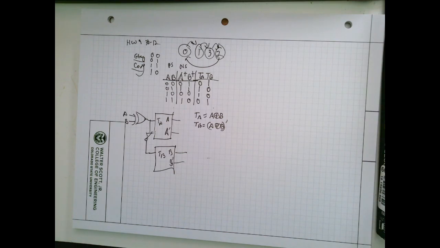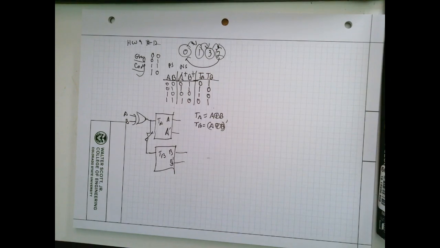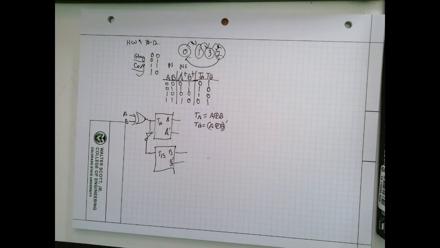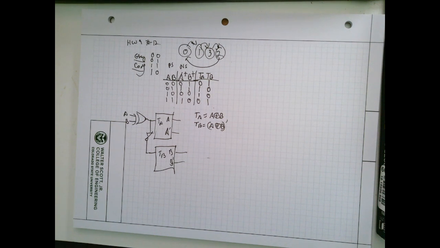So then comes the question. And you can sort of see the questions are getting harder than we're used to now, because we actually have to work some problems in order to answer these questions. And so then the question is, how do we implement this 2-bit gray code with toggle flip-flops?